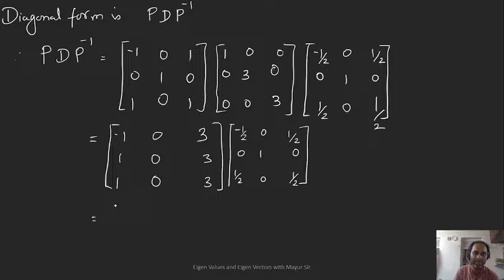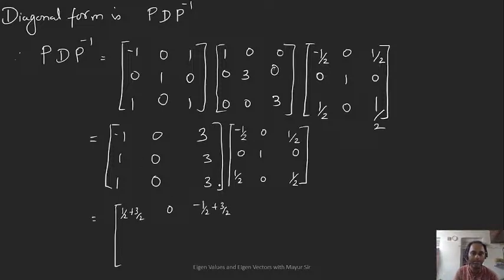Then are we getting A back? Let's see. Minus 1 and 1 is half. Here it is 3 by 2 plus 3 by 2. Okay, we are getting 2. That is fine, good. And then there is this, so this is 0. Here it is minus half plus 3 by 2.